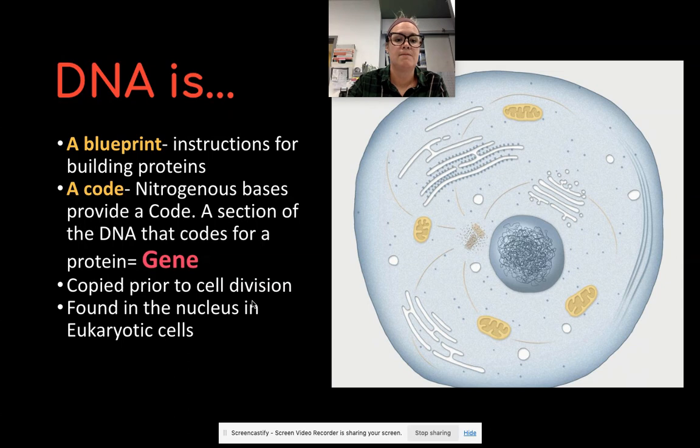And DNA is found in the nucleus in eukaryotic cells. So it's a little schematic, but this is a drawing that represents a pretty accurate picture of the general parts of an animal cell. And the big area in the middle there is showing DNA.